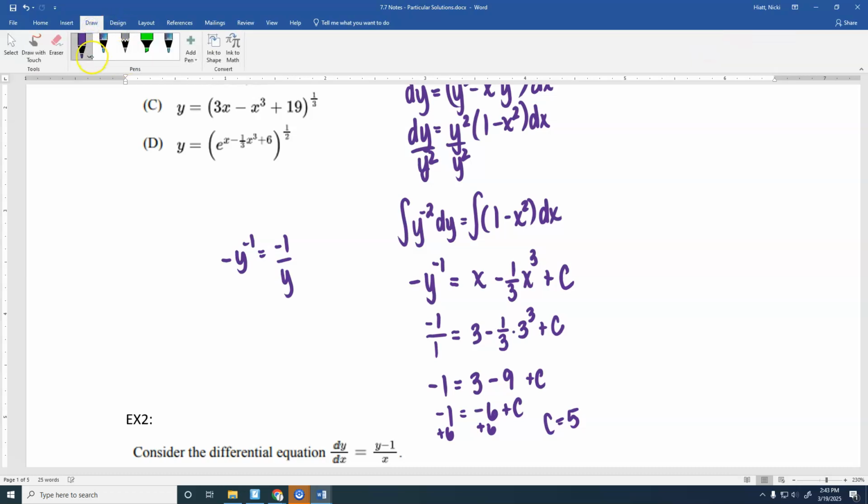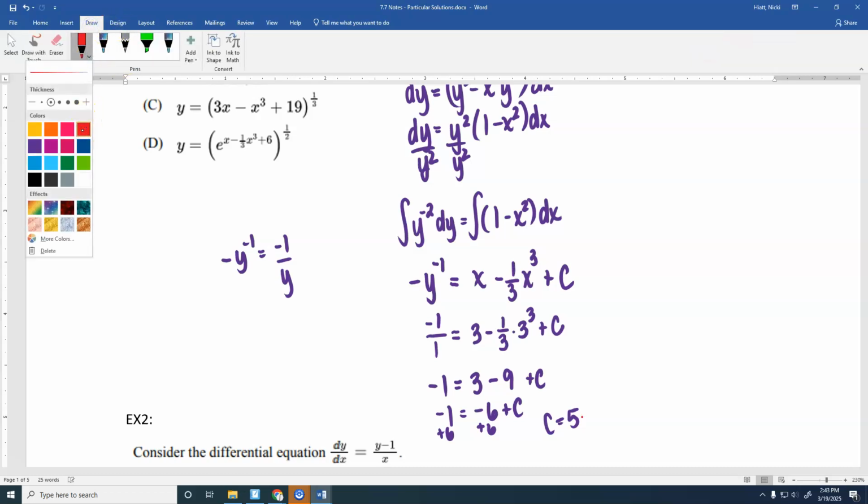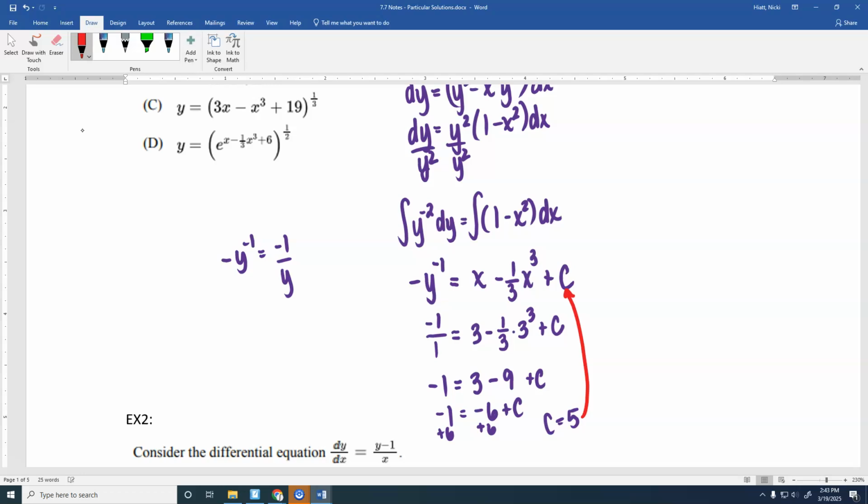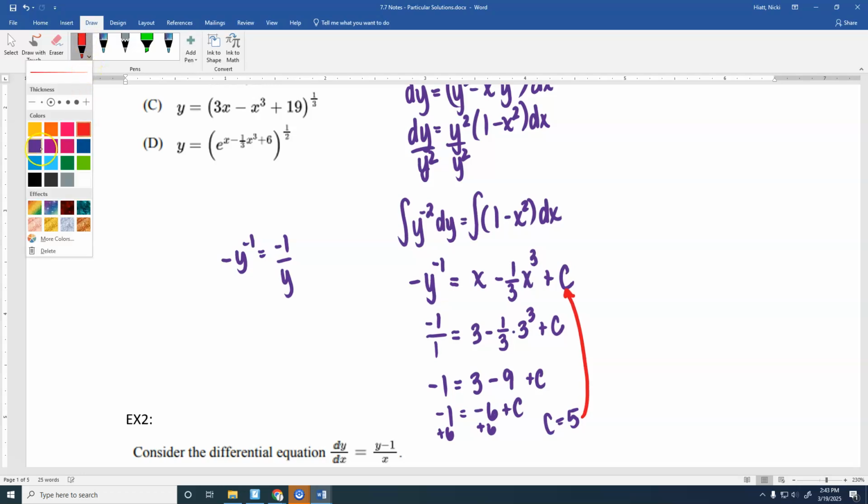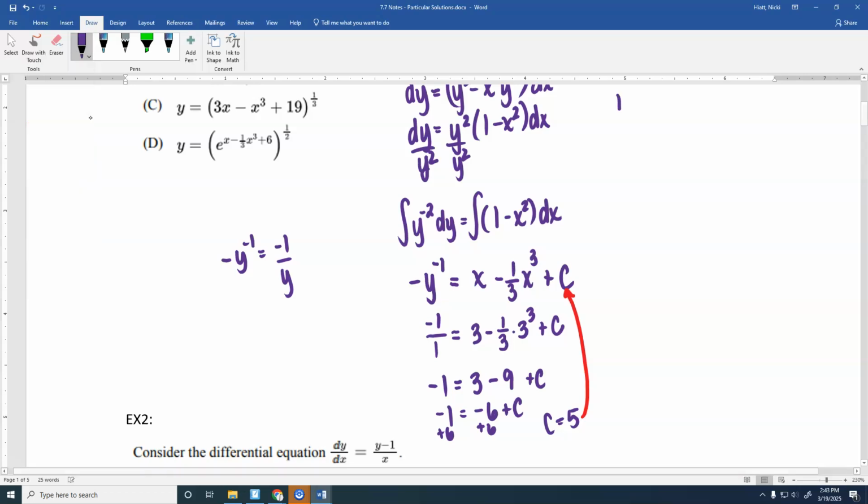So that c could be plugged back in up here for the c here. And I'm going to write it as negative 1 over y equals x minus 1/3 x cubed plus 5.